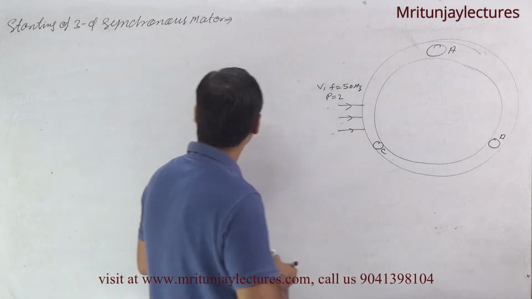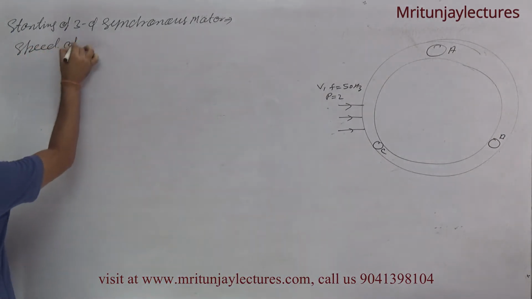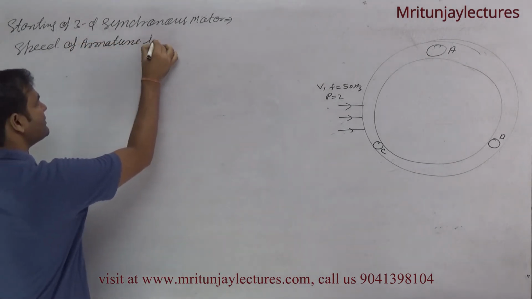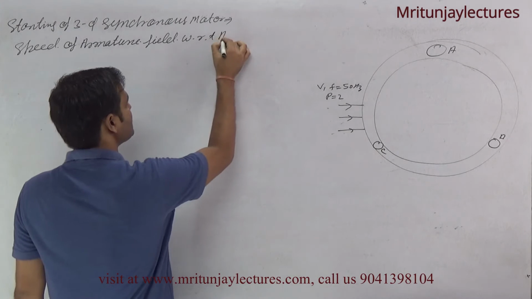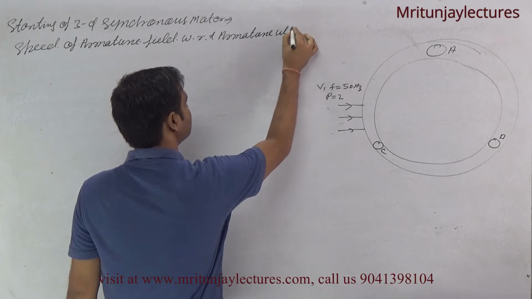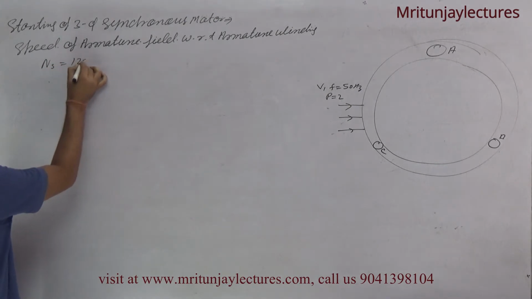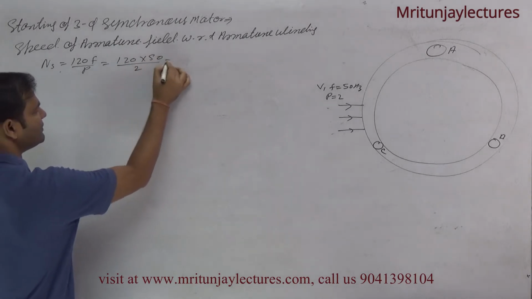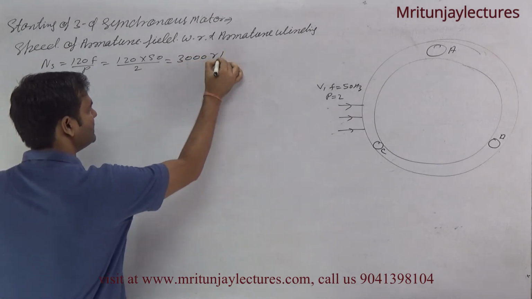Okay, so you can say that speed of armature field with respect to armature winding, that is NS, equals 120 F by P. F is 50 Hz and number of poles, for simplicity, is 2, that is 3000 RPM. Clear?